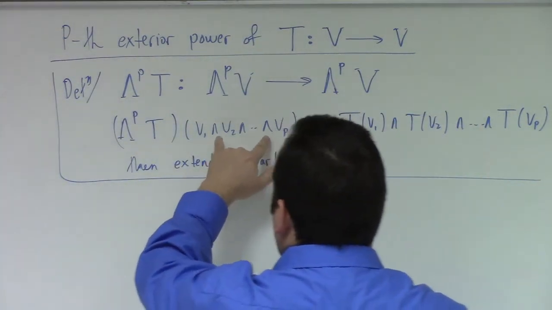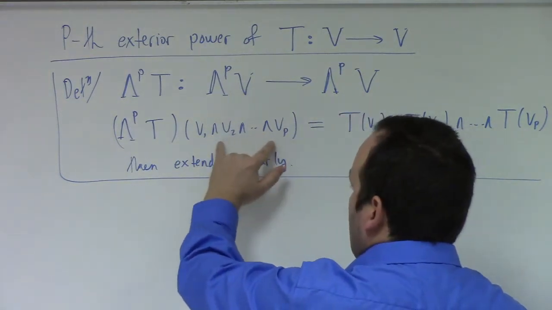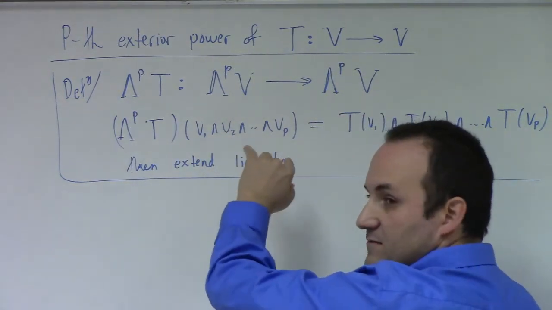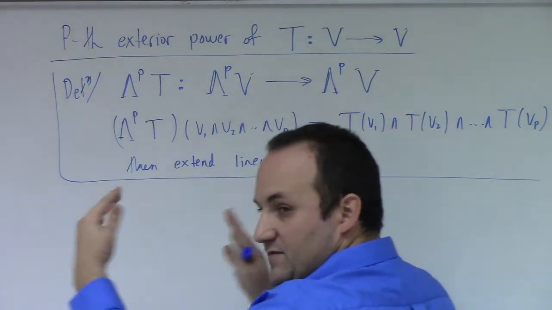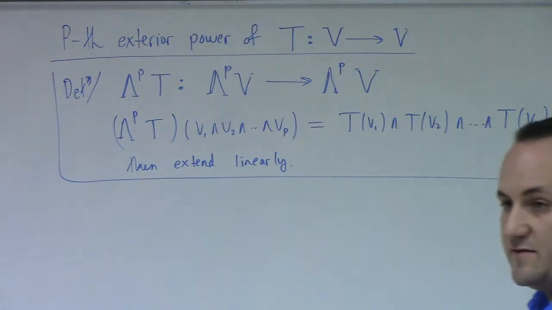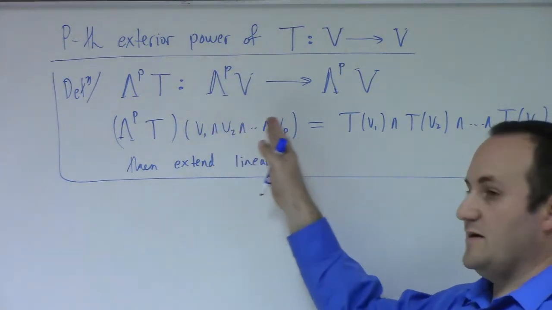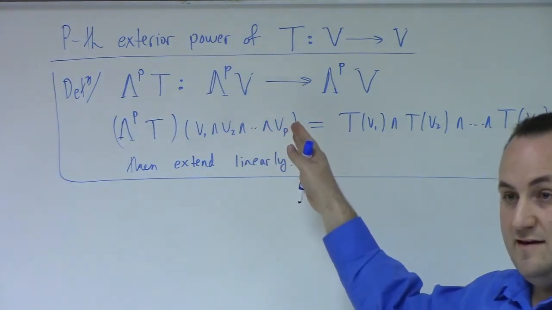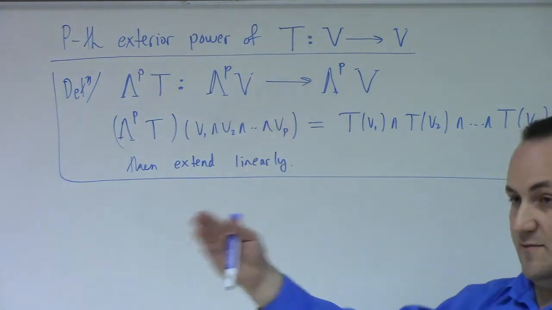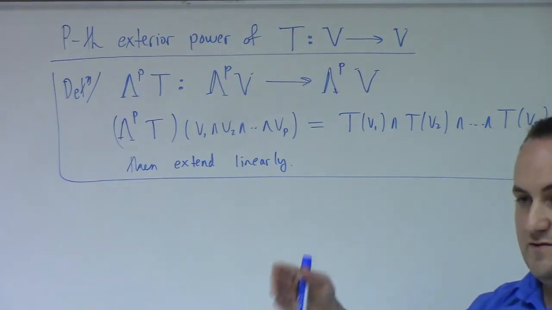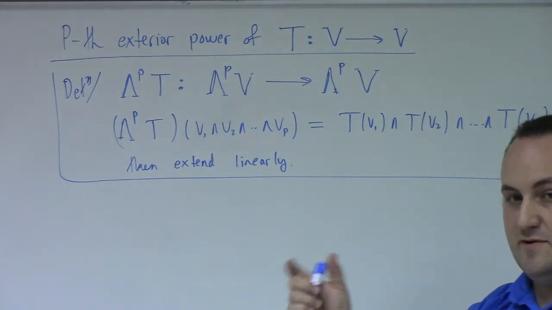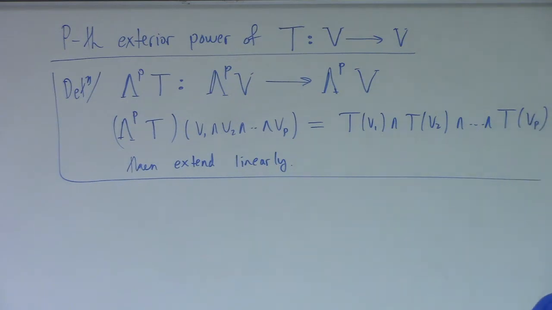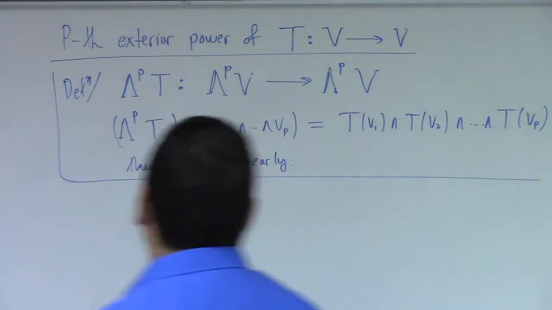Is it always possible to take two things that are P vectors and combine them into a single wedge of P vectors? If I had V1 wedge V2 wedge ... wedge VP, and if I had, let's say, W1 wedge W2 wedge ... wedge WP, is it possible to rewrite the sum of both of those as, say, U1 wedge U2 wedge ... wedge UP, where U is somehow built from the V and W? Anyway, that aside, it doesn't matter.